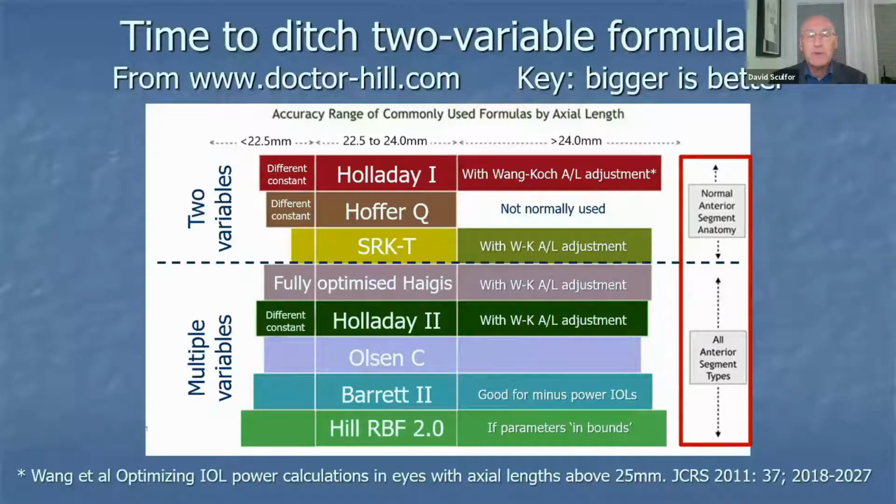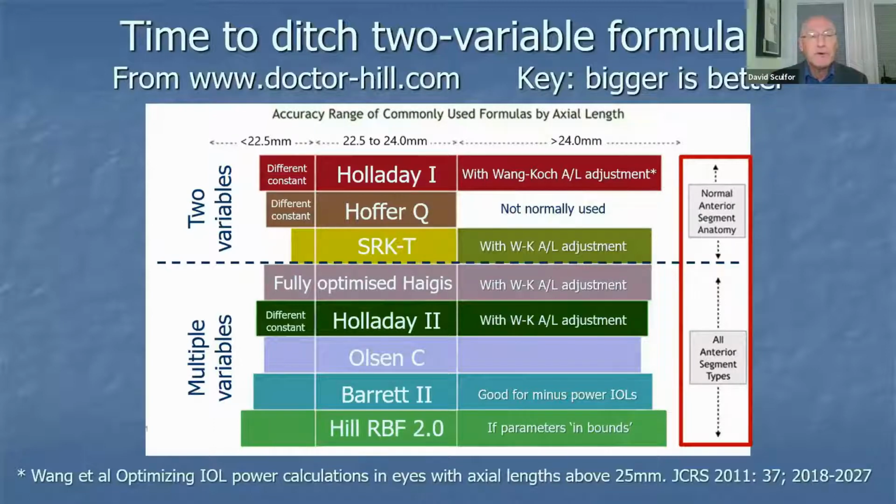Again, his formula doesn't work quite so well for really long eyes, so we certainly found when we adopted Haigis that some of our patients with sort of 26, 27 millimeter eyes were tending to come out a bit hypermetropic. So we knew we had to aim a little bit more minus with those patients.